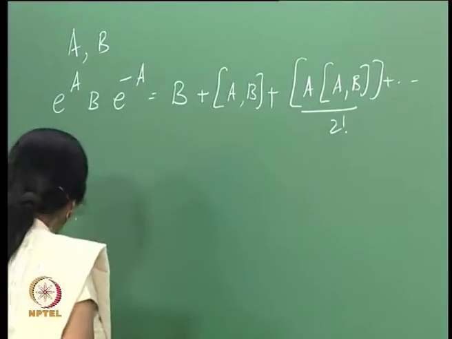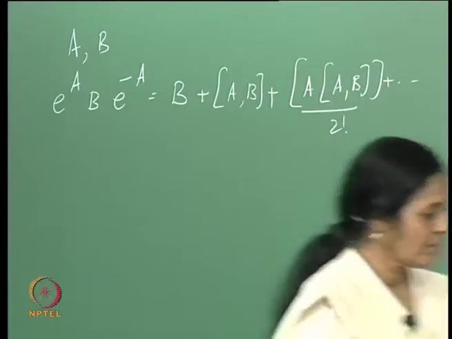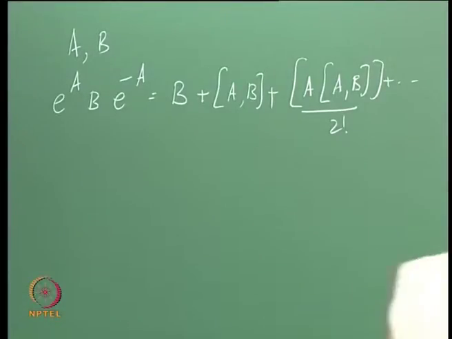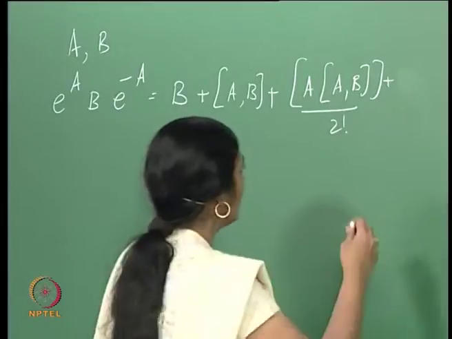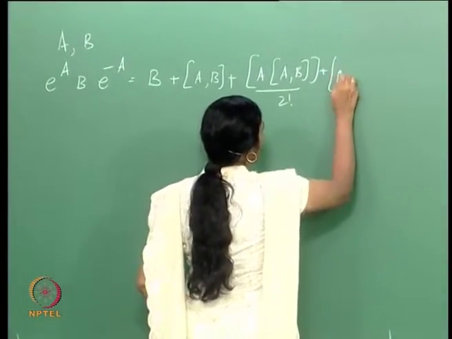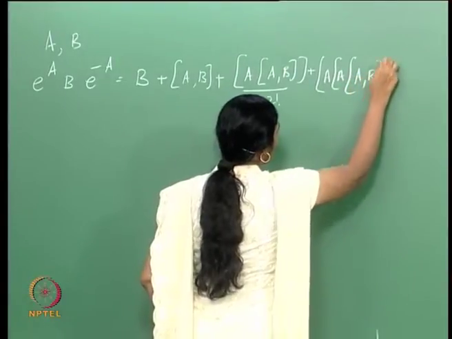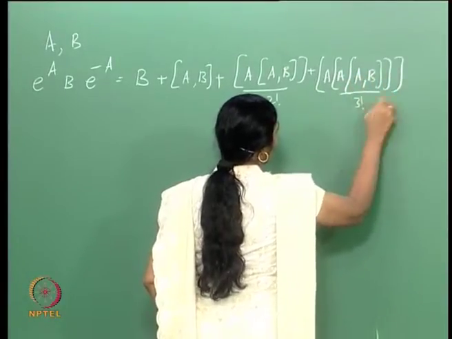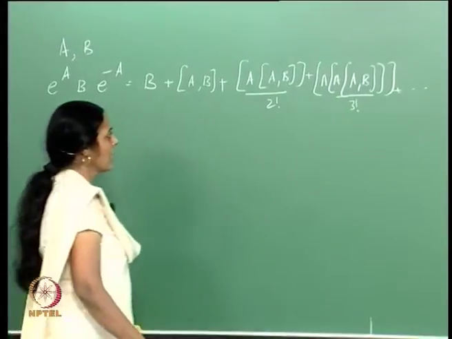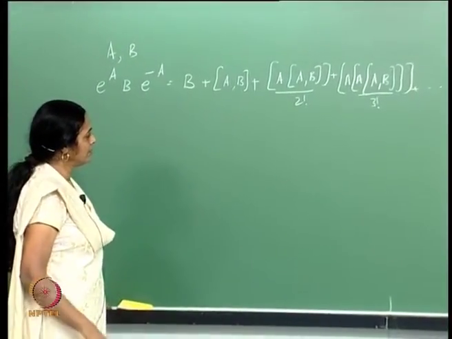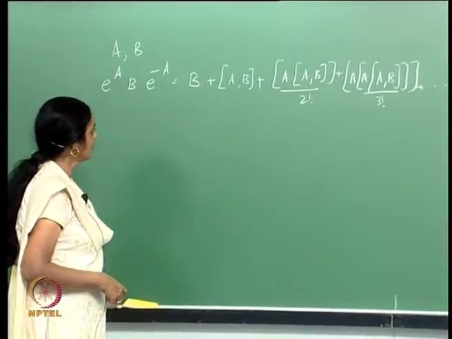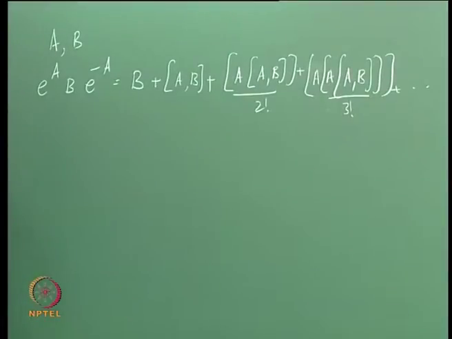The next term to complete the series would be the commutator of A with the commutator of A with the commutator of A with B, by 3 factorial, and so on. Which is precisely what we will use here. We will use this identity.